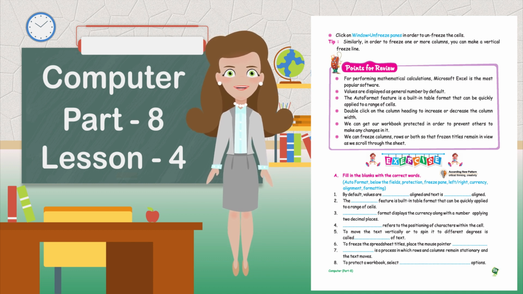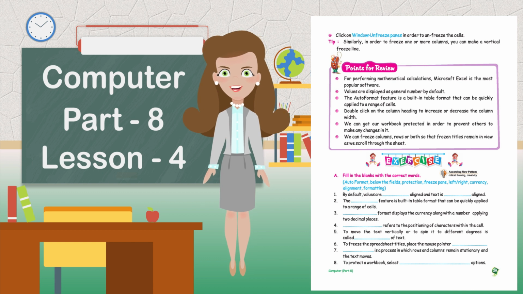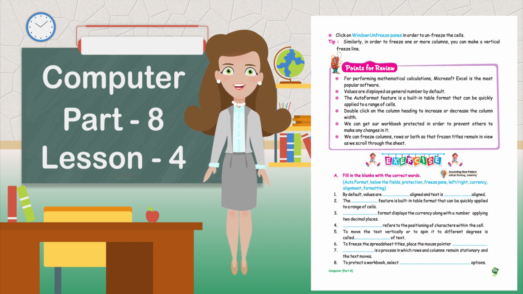Points for review. For performing mathematical calculations, Microsoft Excel is the most popular software. Values are displayed as general number by default. The auto format feature is a built-in table format that can be quickly applied to a range of cells.